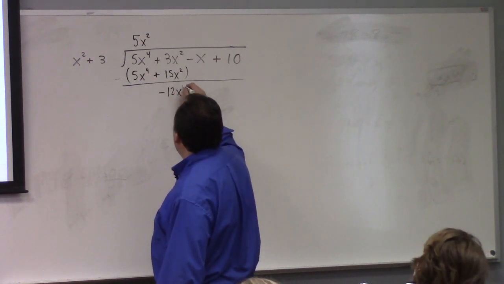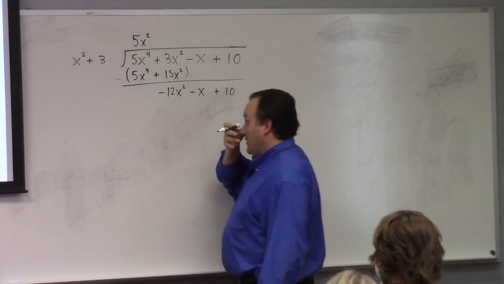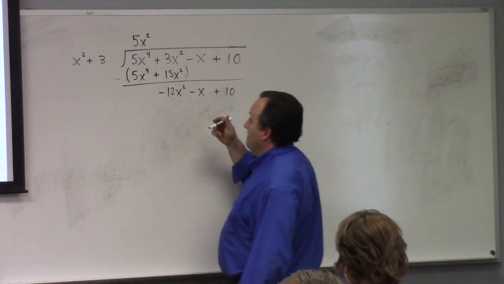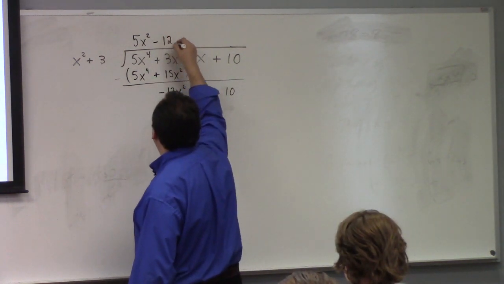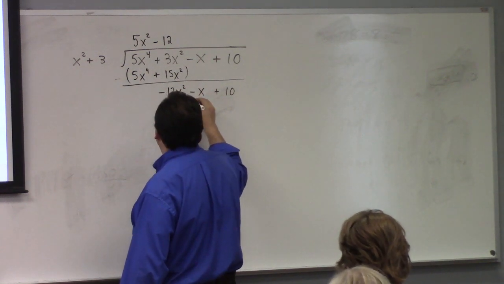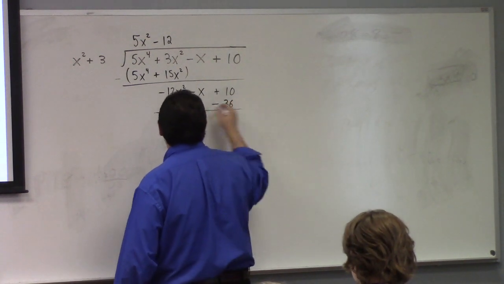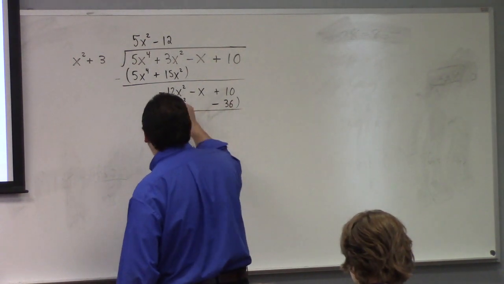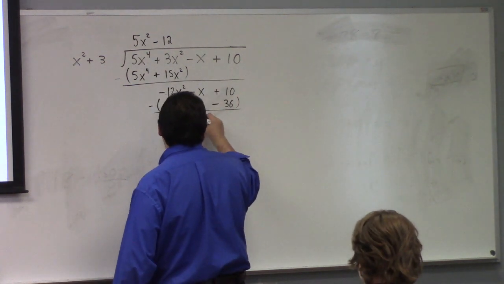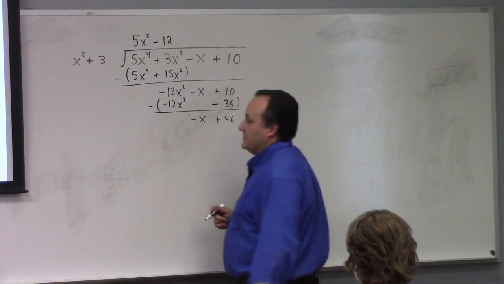Minus 12x squared minus x plus 10. And then what do I want? 5x squared, what? Minus 12, all right. And so I get minus 12x squared minus 36. Notice that I want to make sure I don't subtract that from the x because that wouldn't be appropriate. And that gives me minus x plus 46, and I think that's it.